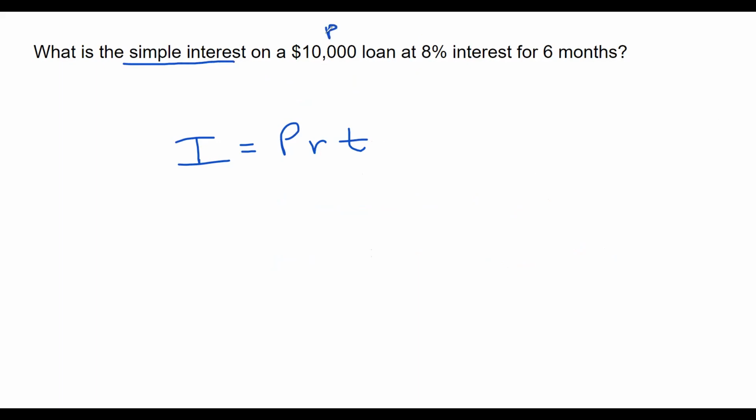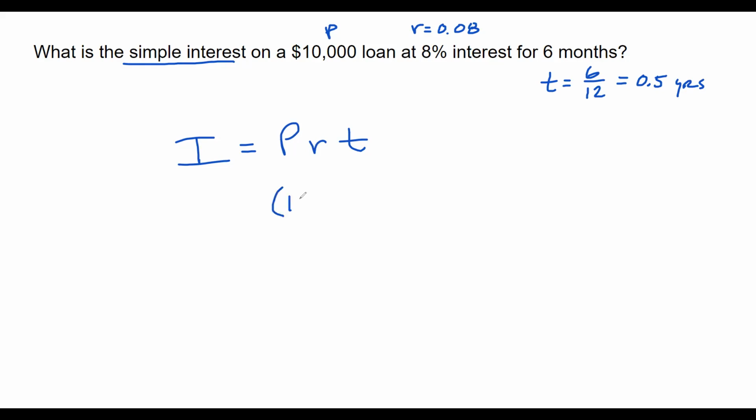Here is our principal. Our rate is 8 divided by 100, 0.08. Our time is in terms of months. So we want to divide 6 months by 12, and that will give us our time of 0.5 years. So that's what we're going to use for the time.